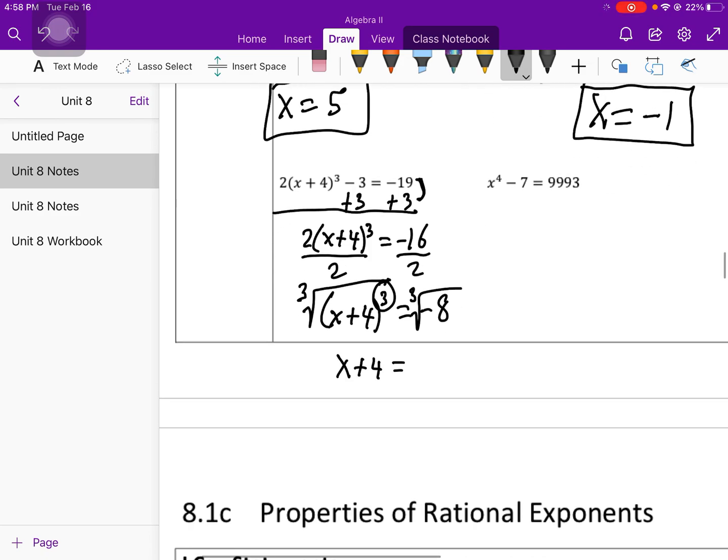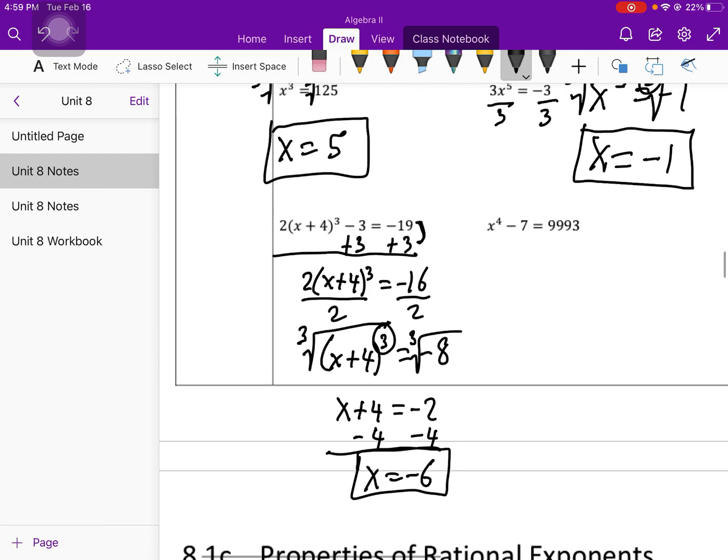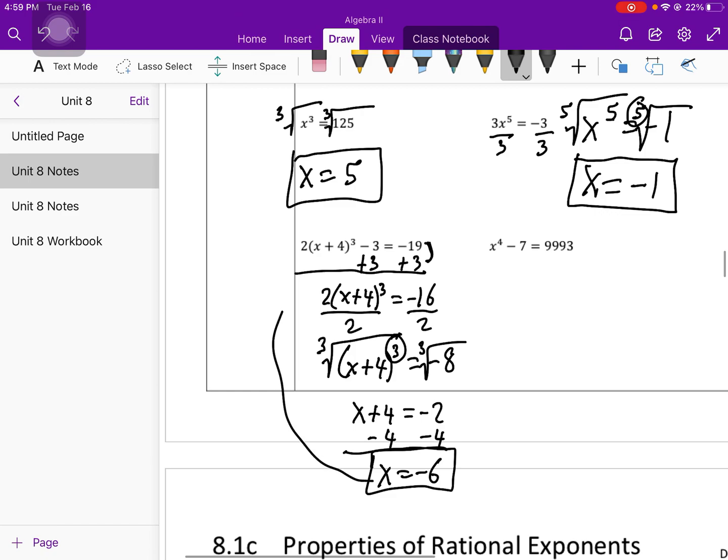We get x plus 4 equals the cubed root of, if it was positive 8, it would be 2, and then it's a negative, so we just get -2. Then we subtract 4, and we get x equals -6. Be careful with that one, because -2 minus 4 is -6.